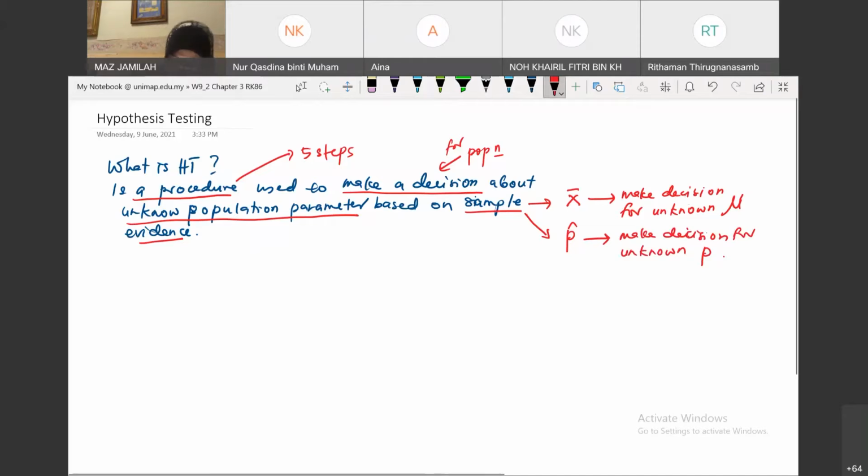Why do we need to use hypothesis testing? The first reason is that HT is an essential procedure in statistics.